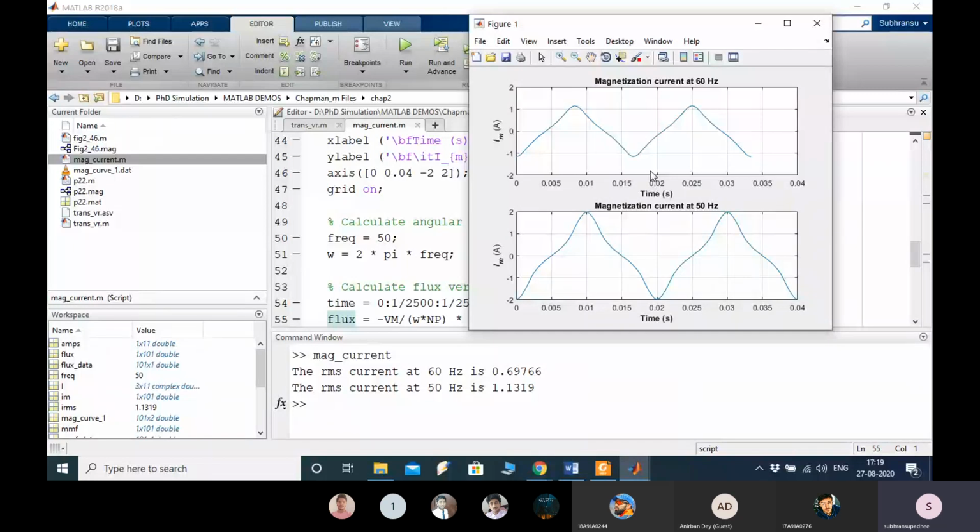The magnetizing current should ideally, practically, be a sinusoidal wave, but due to the transformer property, it is working as this kind of waveform. You see the magnetizing current of a transformer at 50 Hz.